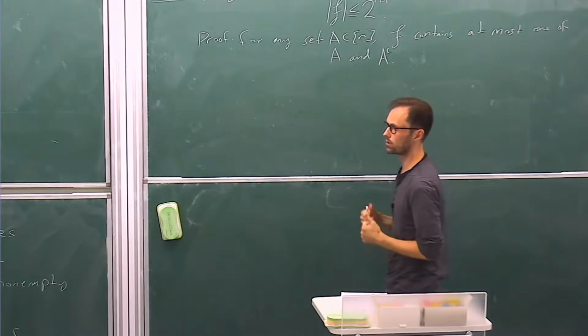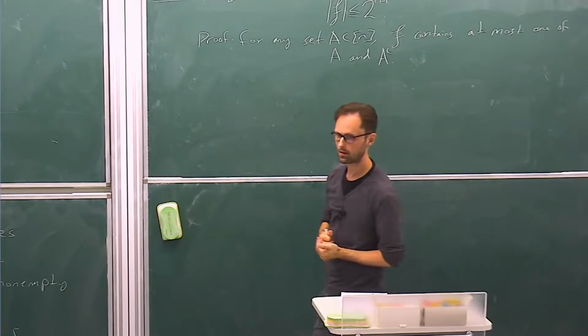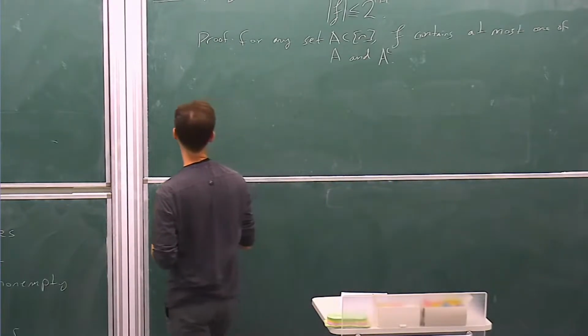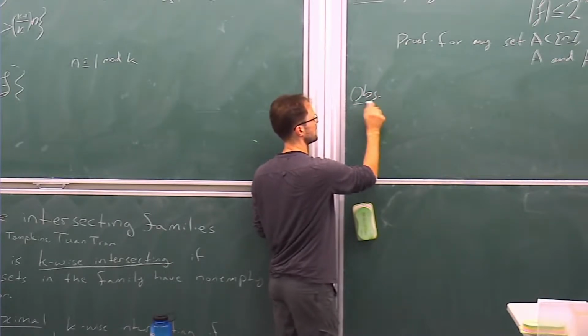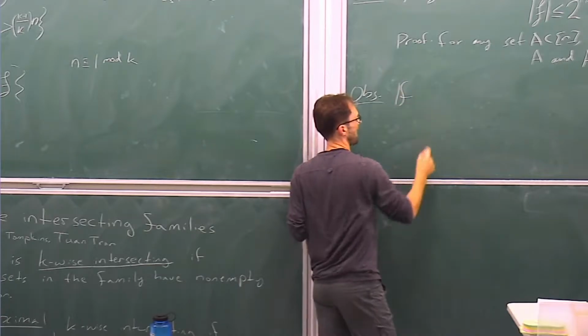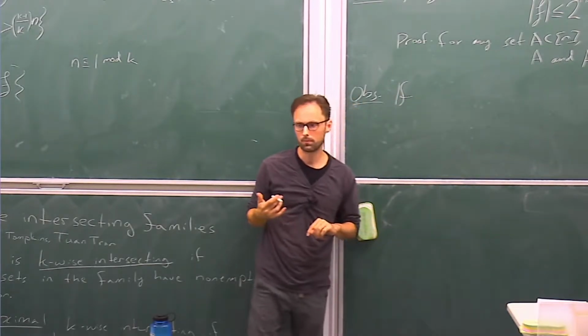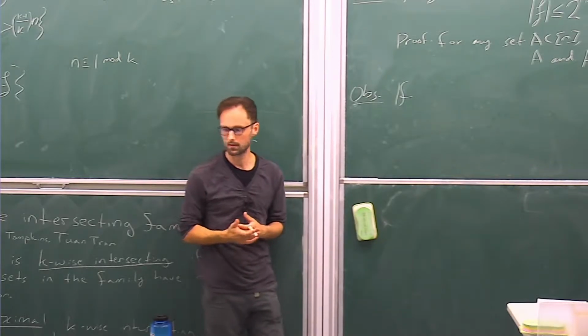So you can't have more than half of the sets over n in an intersecting family. In fact, something stronger is true: every maximal pairwise intersecting family over n has the same size.